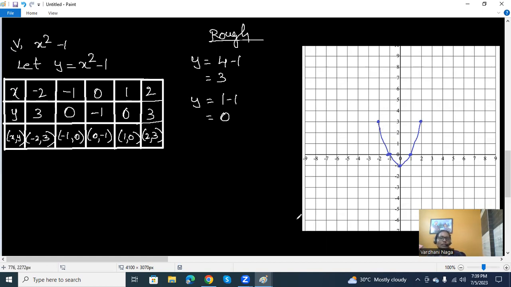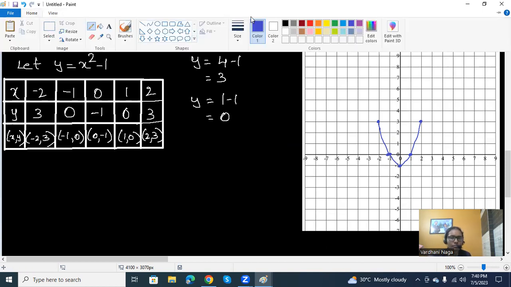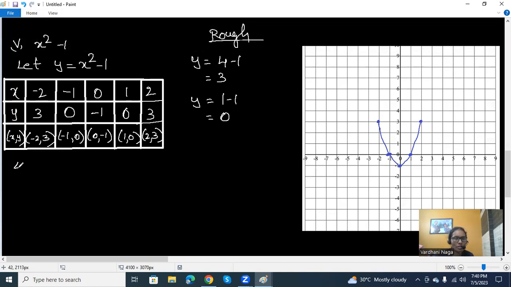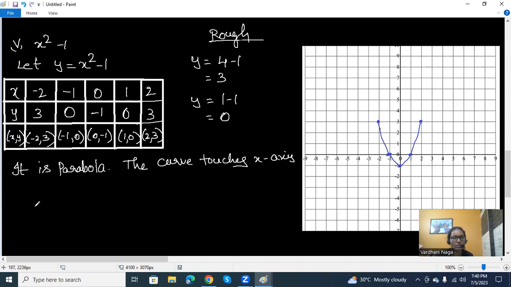So we got a parabola. It is a parabola, right? Which shape is it? Parabola. The curve touches the x-axis at two different points. One is minus 1 comma 0 and the other is 1 comma 0.